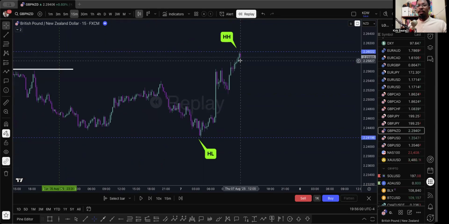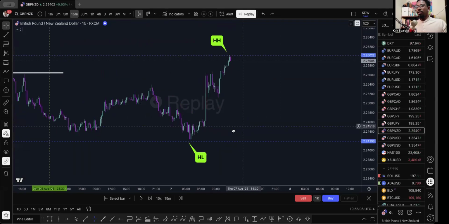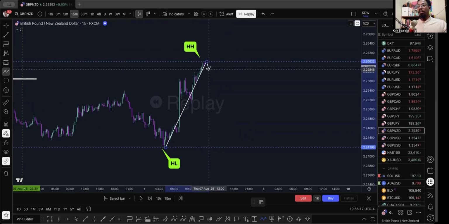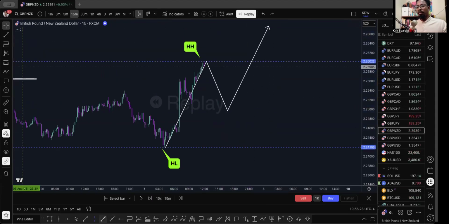So we're going to start marking up. Pedro, now that you have this higher low and this higher high, this could potentially be a new pattern forming. So we draw this and then we just take a look and we're like, all right, if this stays as the high, where could we pull back to? Just off the top of your head, you could say, let's see what happens around 50%, just as a gauge.